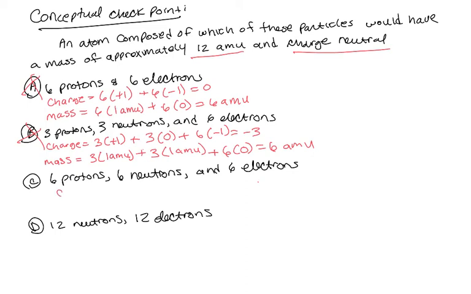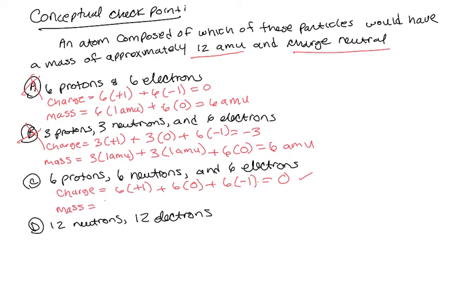For C, we have the charge. We have 6 protons, 6 times +1 charge, 6 neutrons times 0 charge, and 6 electrons, which are times -1 charge. So what's that going to be? 6 plus 0 minus 6 is 0. So that meets one of our conditions. Now let's do the mass.